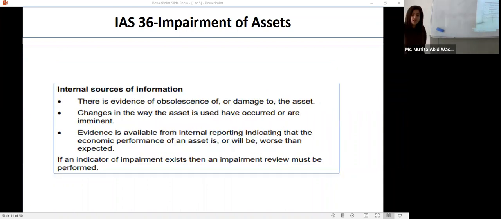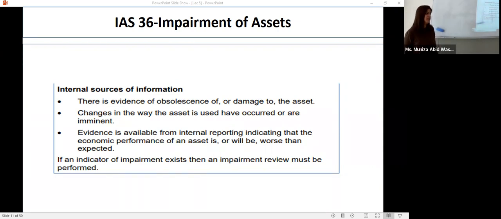Now, internal sources of information: there is evidence of obsolescence of or damage to the asset. Changes in the way the asset is used have occurred or are imminent. Evidence is available from the internal reporting indicating that the economic performance of an asset is or will be worse than expected. So in all these cases, we can estimate that the impairment might occur.